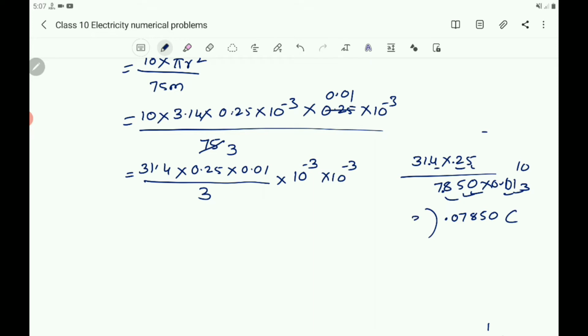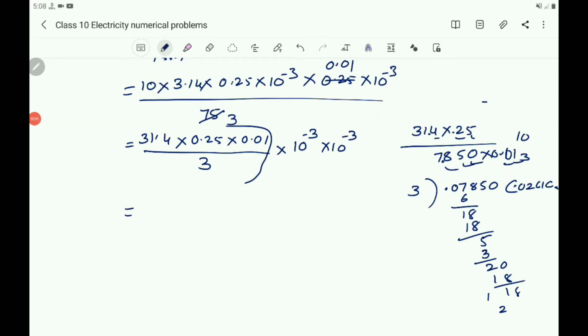That divided by 3. So you will get 0.0, 2 6s are 6, 1 8, 6 3s are 18, and again you are going to get 6 6 only.